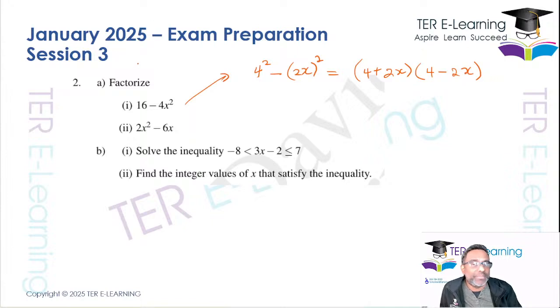Now sometimes they may ask us to factorize fully, which is something we could do. Because in a question like this, if they had said fully, watch what we could have done.